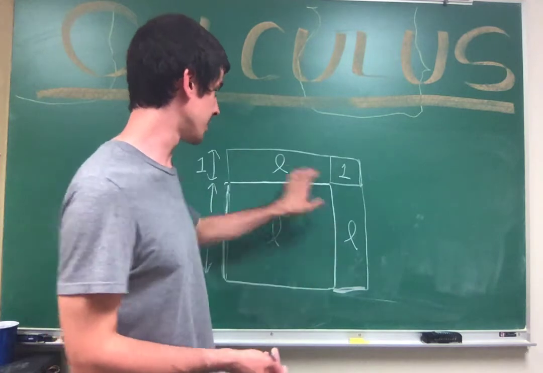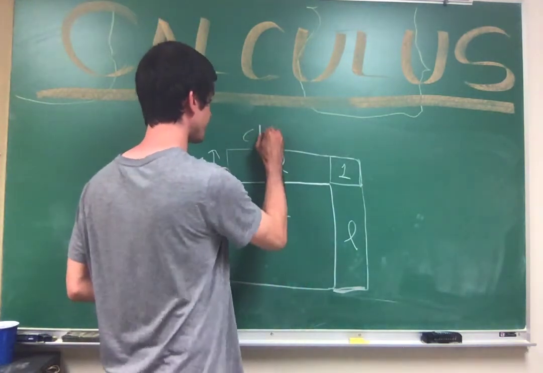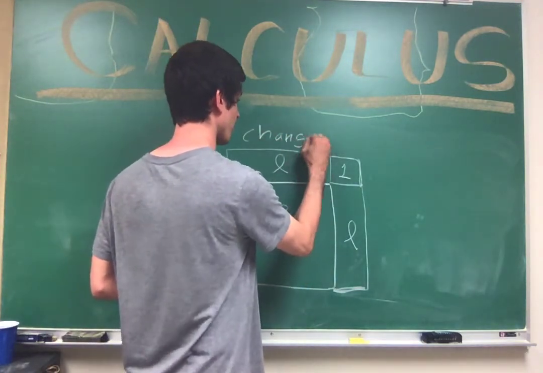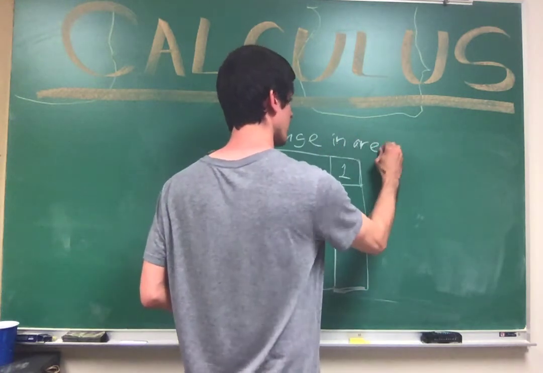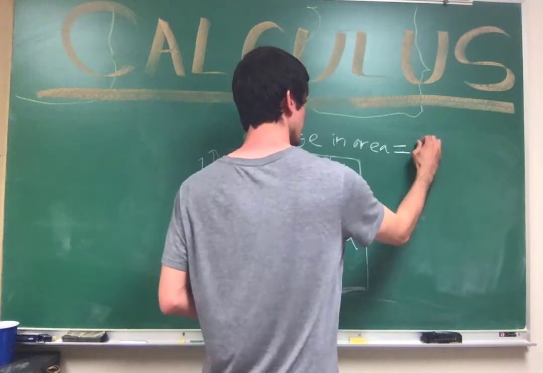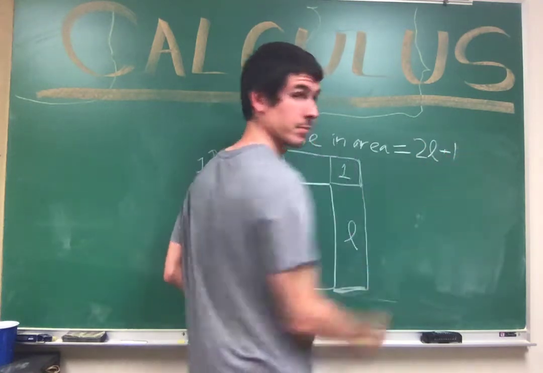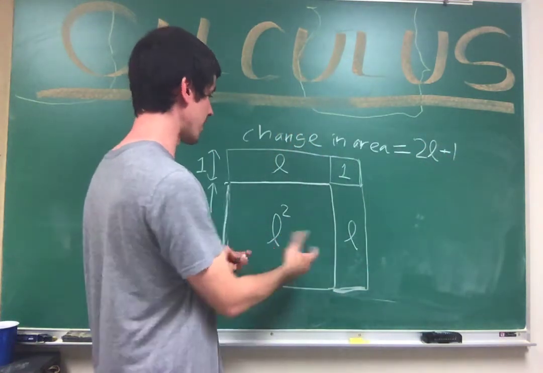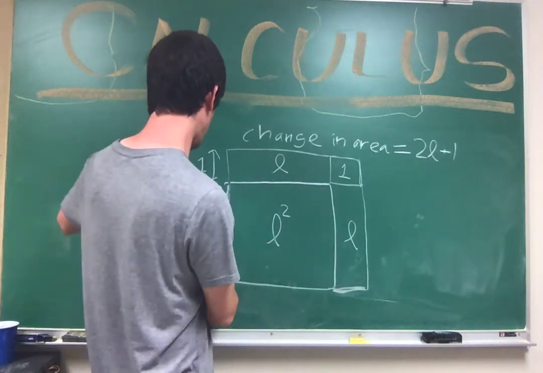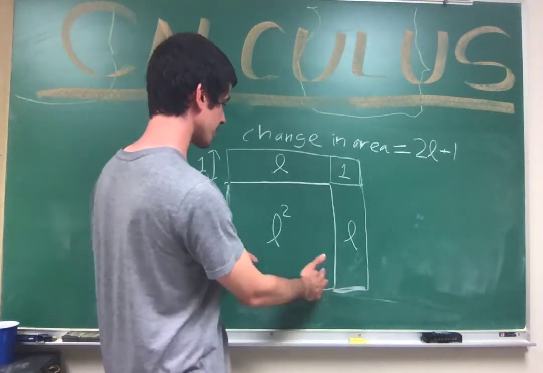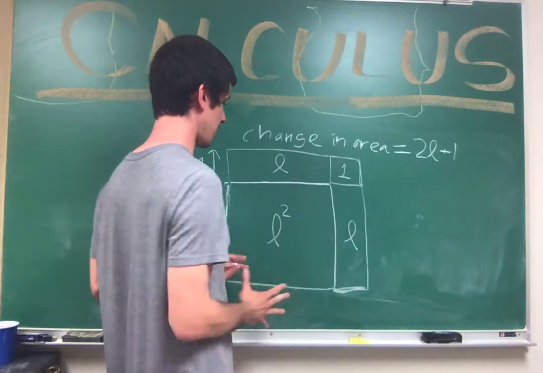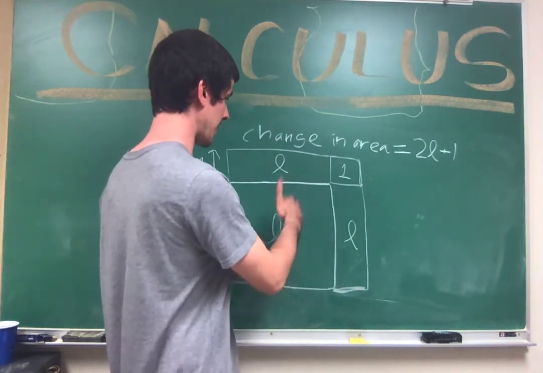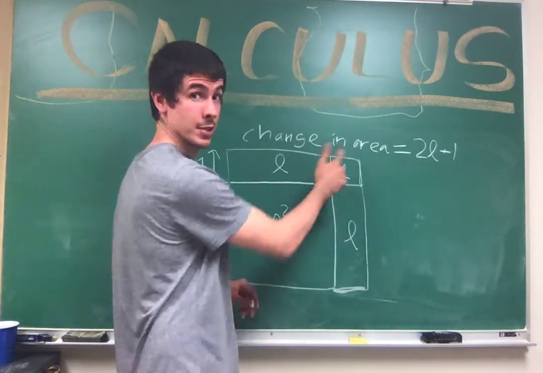But so the change in area of the square is 2L plus 1. So you have a square of area L squared, and then you expand the length by 1, and you have a new square with area L squared plus 2L plus 1.